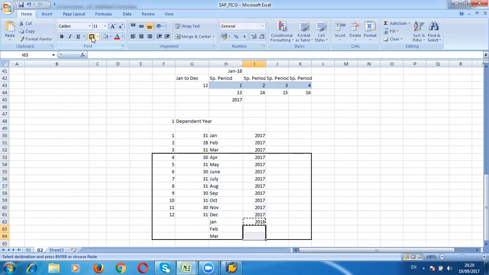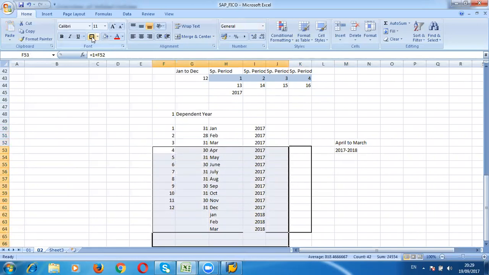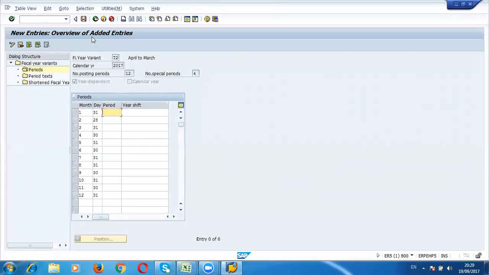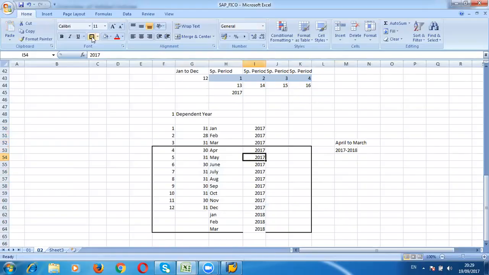Suppose I'm taking an example of fiscal year 2017 and 2018, which starts from April to March. In that case, my period would be like this, right? It starts from April. The system knows that April means the fourth period. So now I need to tell the system that this fourth month should be period 1, because I am starting my business from here.